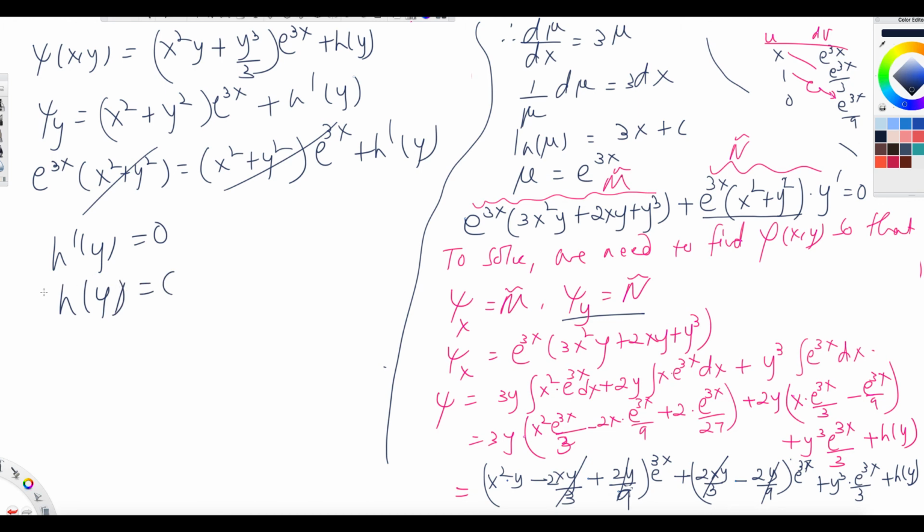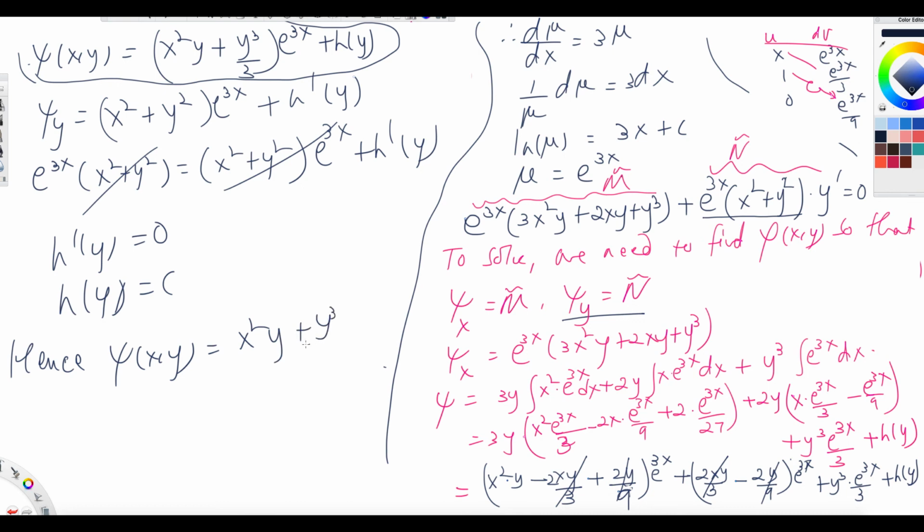You see that? So what you do next is you will plug in that h of y. Where do you plug in that h of y? It is basically right here. Right here. Because this is the simplified form, right? So this is the simplified form where you plug. Hence psi of x y is x squared y plus y cubed over 3 and then e to the 3x.